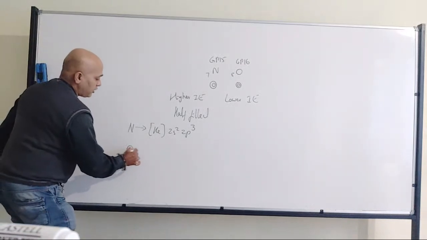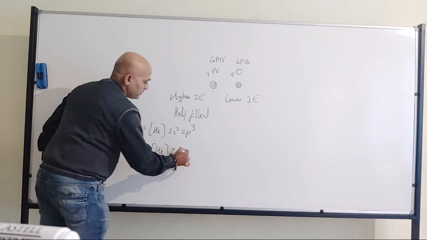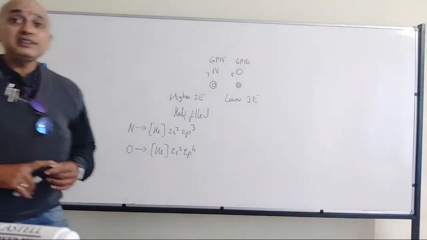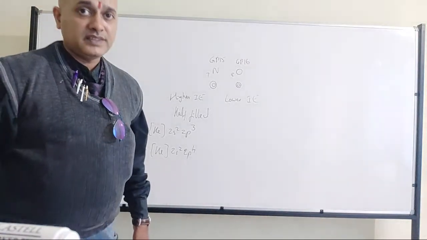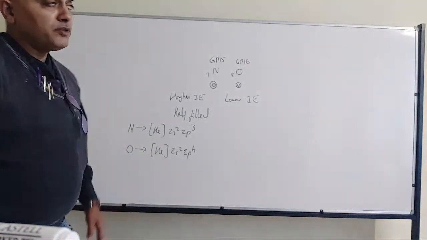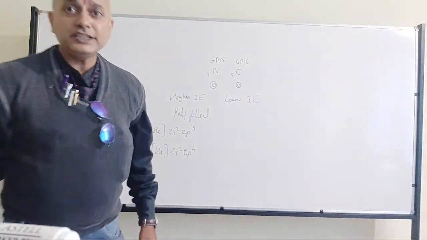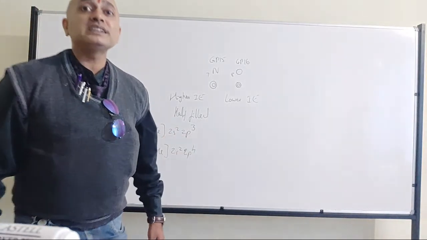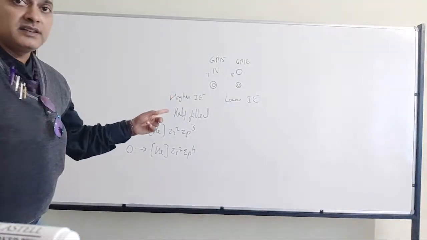If I want to talk about oxygen, it will be helium, 2s2, 2p4. So due to the stable electronic configuration in nitrogen or any of the group 15 elements, they will have slightly higher ionization enthalpy compared to their neighboring element in group 16. Got my point? There is a variation.